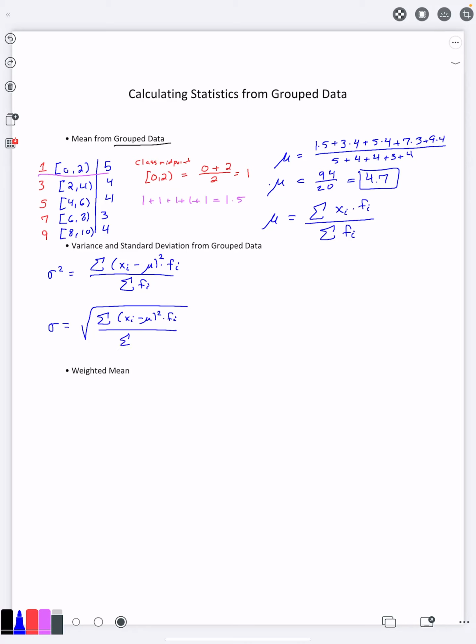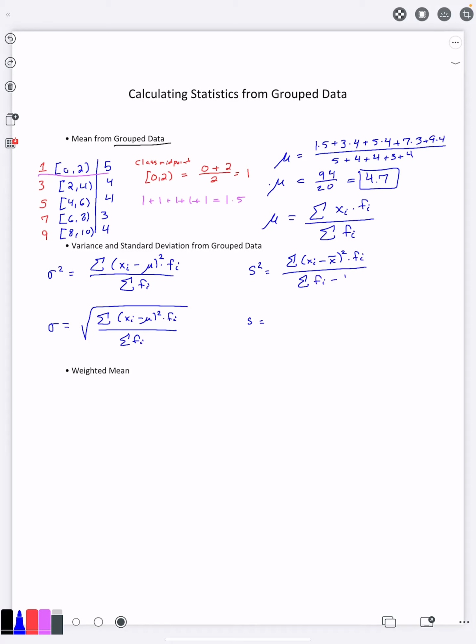So this right here gives us the population variance and population standard deviation. And if I want the sample variance and sample standard deviation, you're taking how far away your midpoint is from the sample average, multiplying it by the frequencies there.